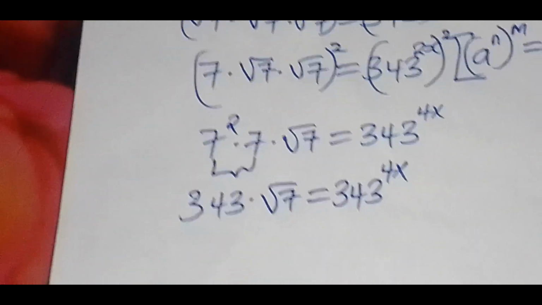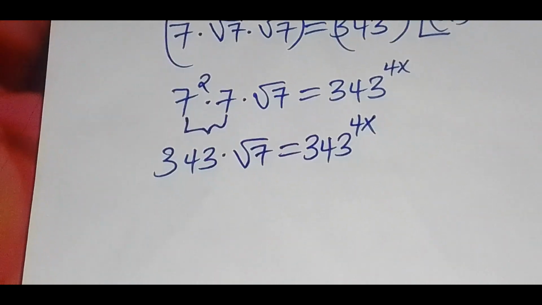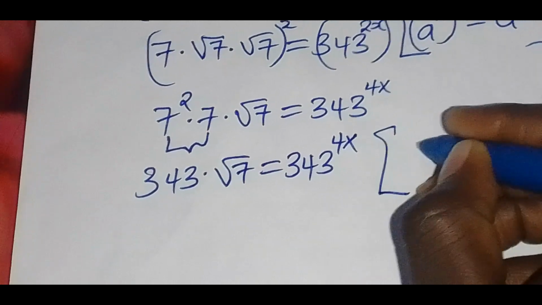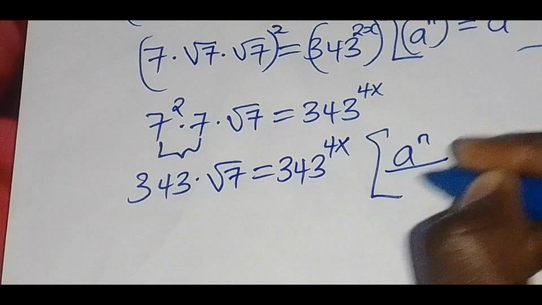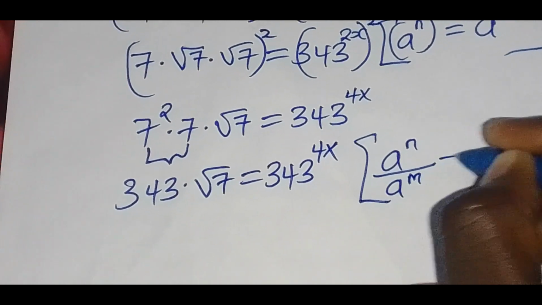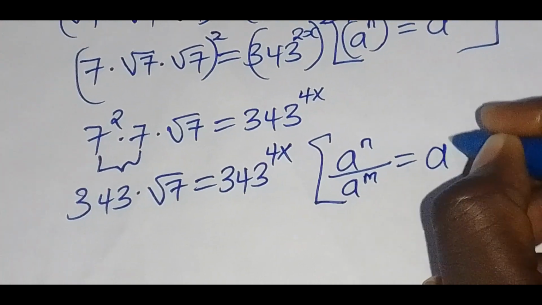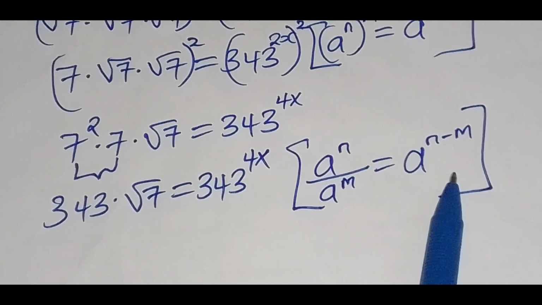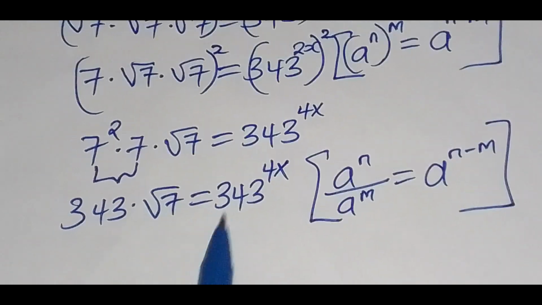Okay, now applying the second identity that states that a raised to power n divided by a raised to power m is equal to a to the n minus m. Okay, so we apply this identity as follows.